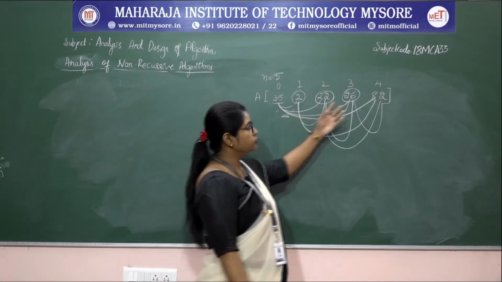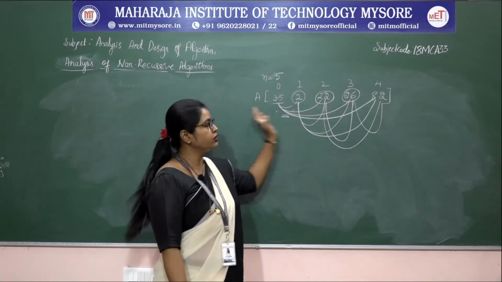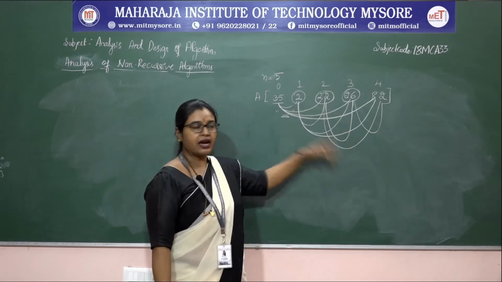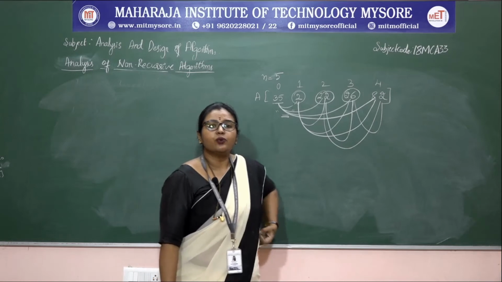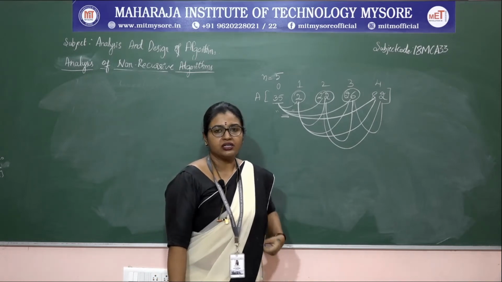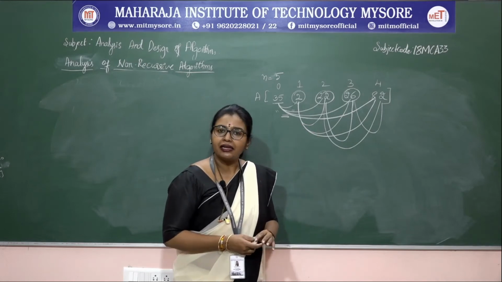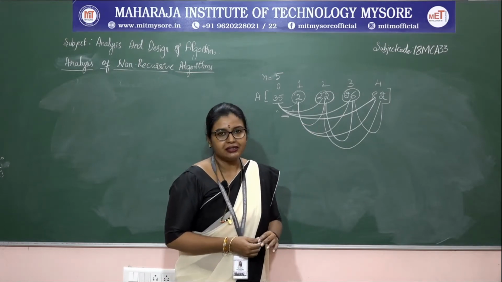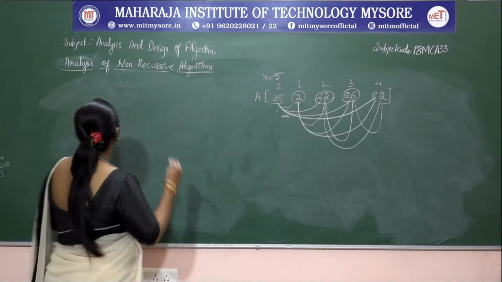So here we require two index values: one for the number of passes and another one for the comparison. Two index values are required in order to find out whether the given array elements are distinct.